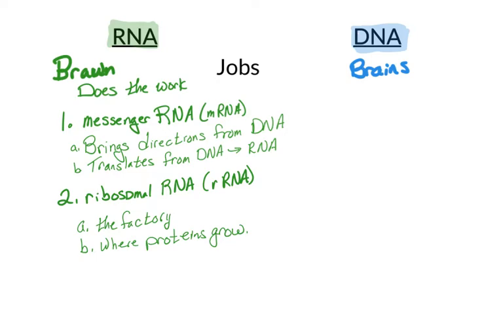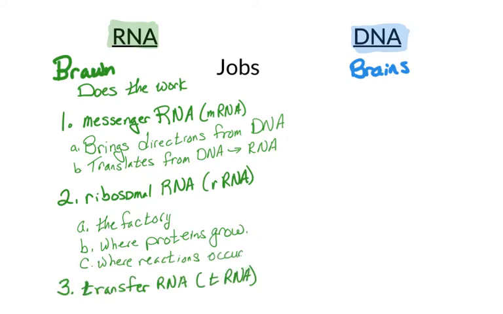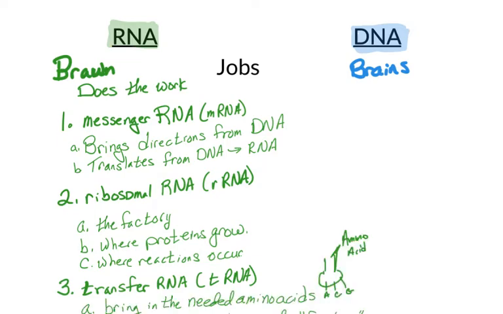And again, the major work of RNA is to make proteins in our bodies. Once it's in the ribosomal RNA, which we call rRNA, an area where reactions occur and which allows us to produce those proteins, transfer RNA will bring in various amino acids, where it converts the information brought in by the messenger RNA into amino acids to form the proteins.